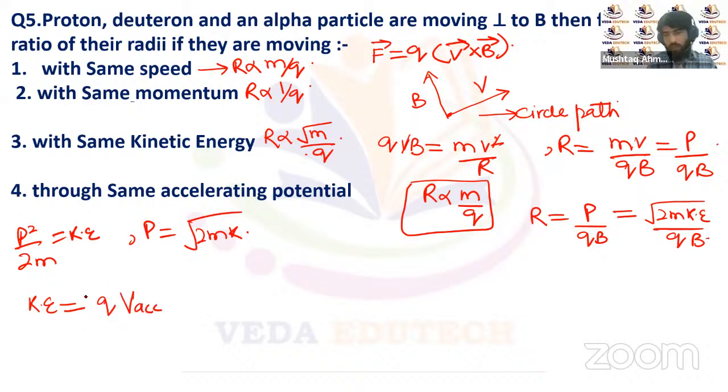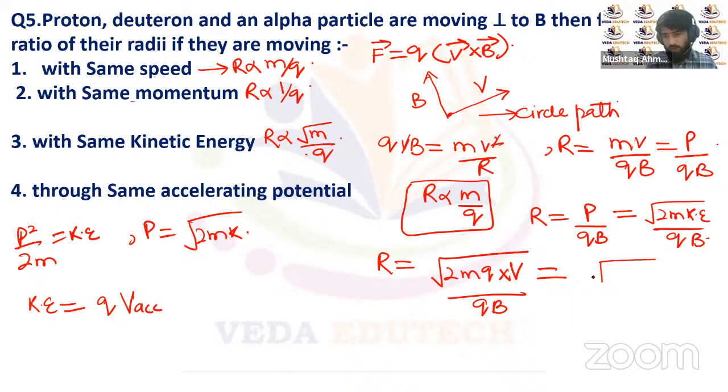So if we replace the kinetic energy with qV, we get root of 2mqV upon qB, which we can write as root of 2mV upon root of q into B. So this will be the radius.